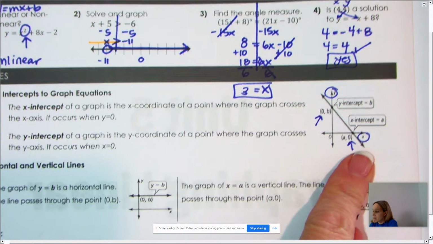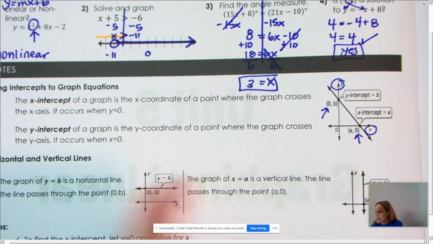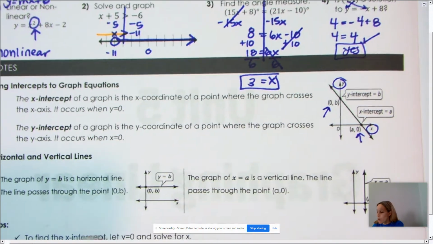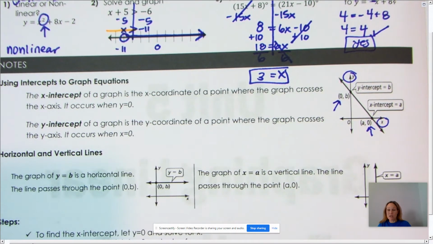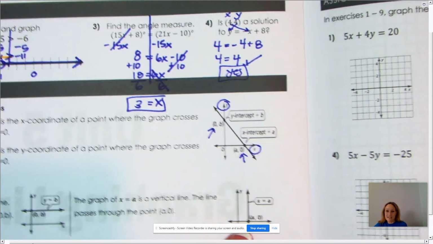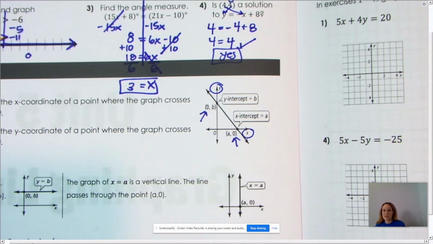So x and y intercept. A horizontal line is different than just that one point, which is the y-intercept. A horizontal line can be graphed with a y equals equation because it tells you the value of y is always a certain value. If you have a vertical line, it's going to be an x equals. The value of x is always equal to a certain value.